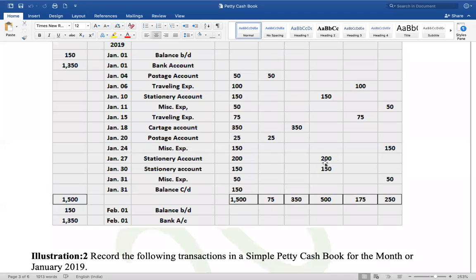This is a mistake. It is 100. This is 100 and this is also 100. The total also is 100. Any confusion?